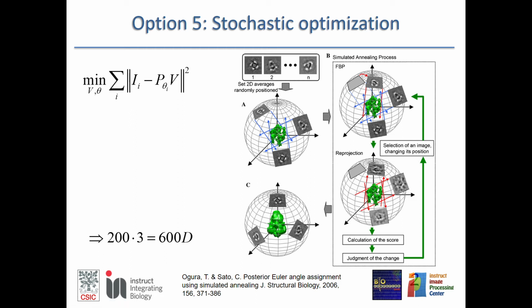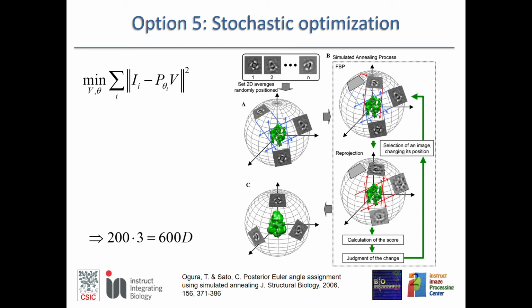So you start with, let's say, 200 images, and then you randomly assign the 3D alignment of each one of them, and then you take one single image. And in this single image, you assign a new set of angles. If that set of angles improves the reprojection error, you keep it. If it doesn't improve, then you still may keep it, but with a given probability.